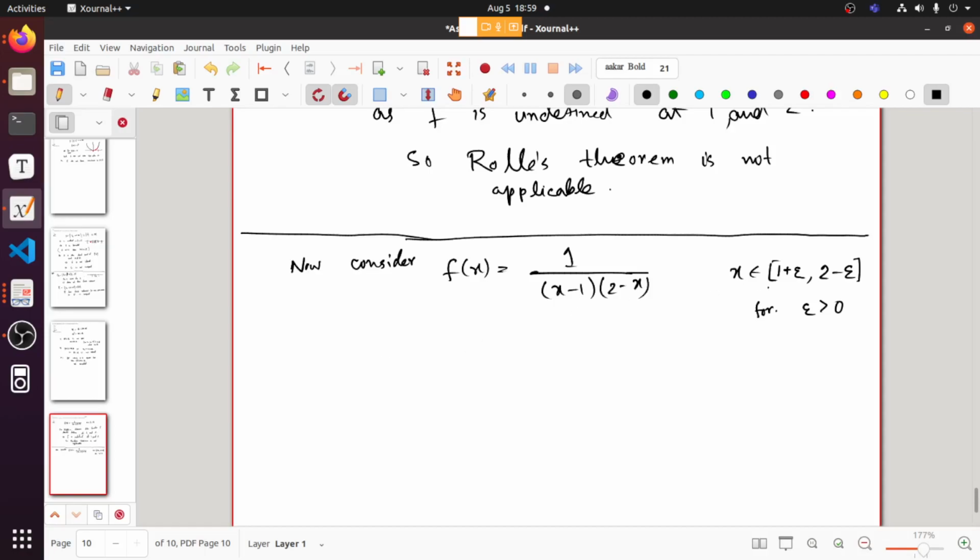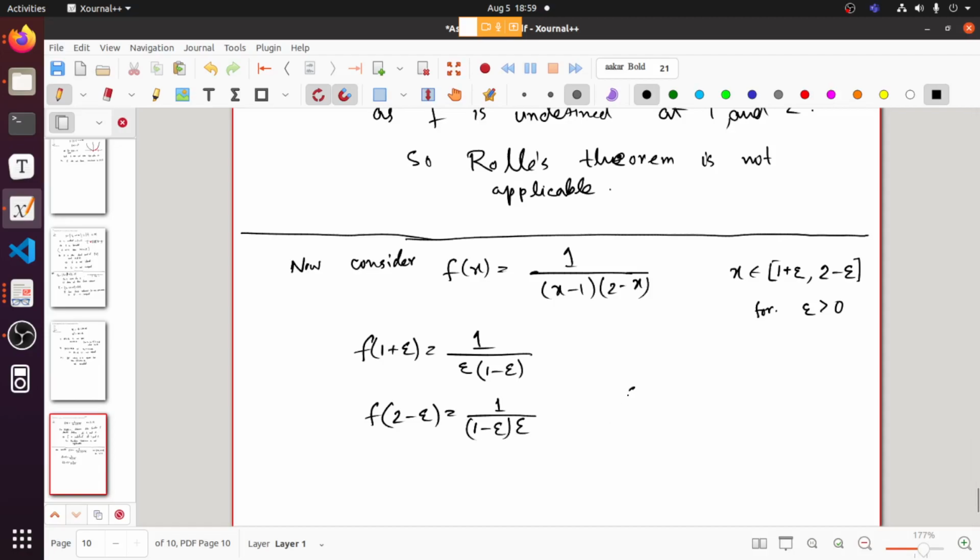And this is continuous. Then what happens? What will be the value of f at 1 plus epsilon? It will be 1 by epsilon times (1 minus epsilon). And what will be the value at 2 minus epsilon? It will be 1 by (1 minus epsilon) times epsilon.